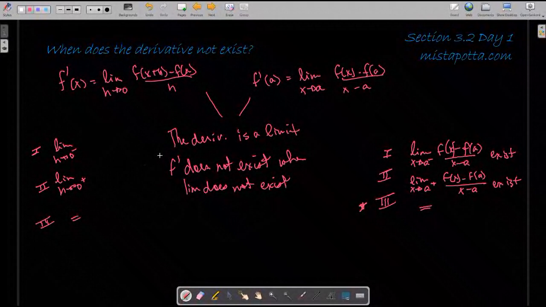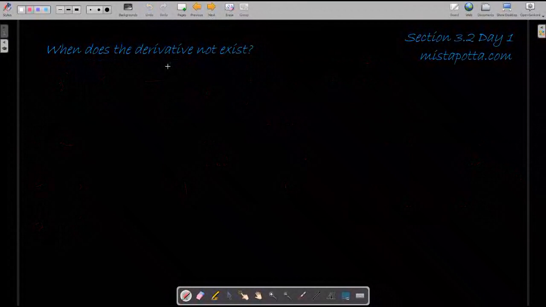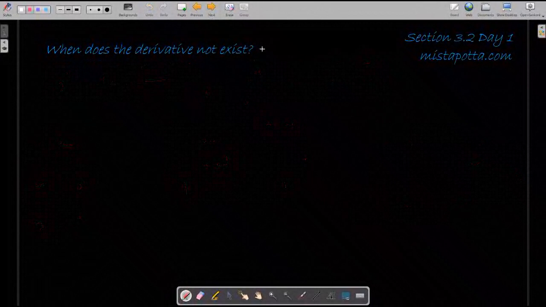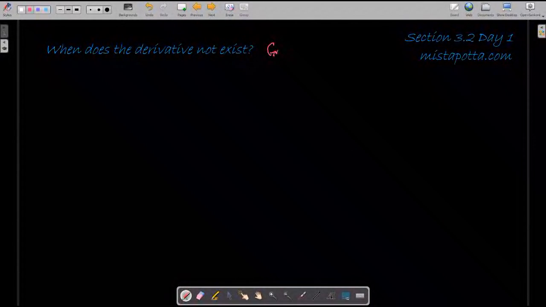So from a limit standpoint, the derivative does not exist if the limit does not exist. In other words, it fails one of the 3-step process that we followed to determine when a limit exists. So a better question would be, when does a limit not exist from a graphical standpoint?